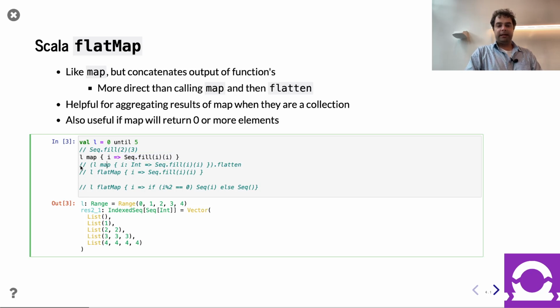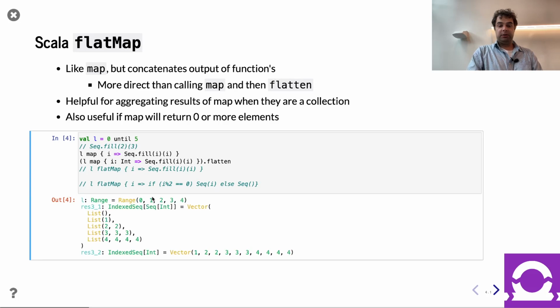Now, I could just as well do the exact same thing, but then call flatten on it, which instead of giving me a collection of collections, appends the collections together, right? So if you have a 2D nesting of collections, now it's just all the elements combined. Depending on the application, this may be what you want. Maybe it's not, but let's say that's what you wanted. Cool, you call map and then flatten.